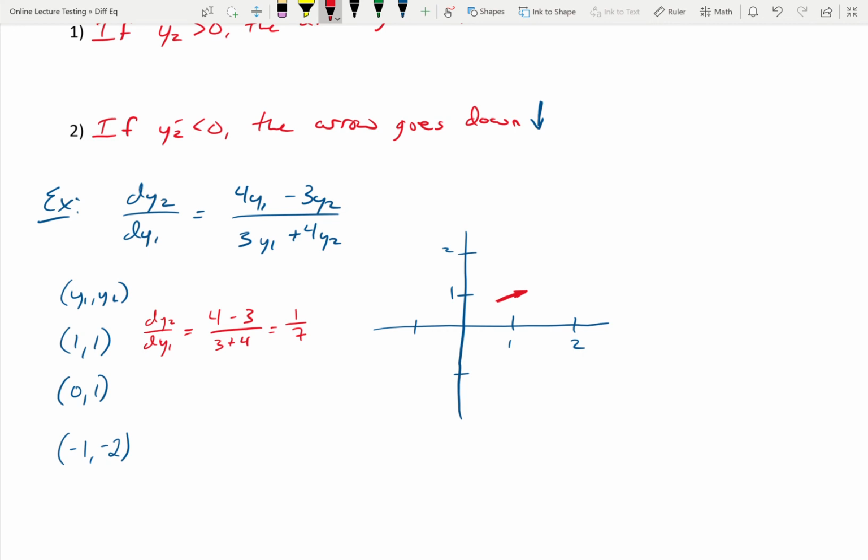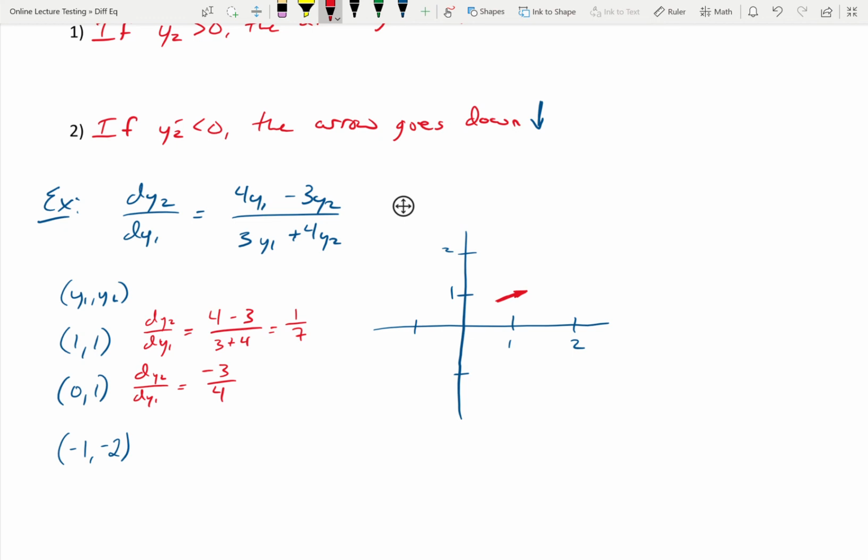All right. At 0, 1, we get negative 3 over 4. Notice I'm keeping my negative up at the top instead of bringing it out front, and that's to show me which one's negative, which one's positive. So here I have negative top, positive bottom.